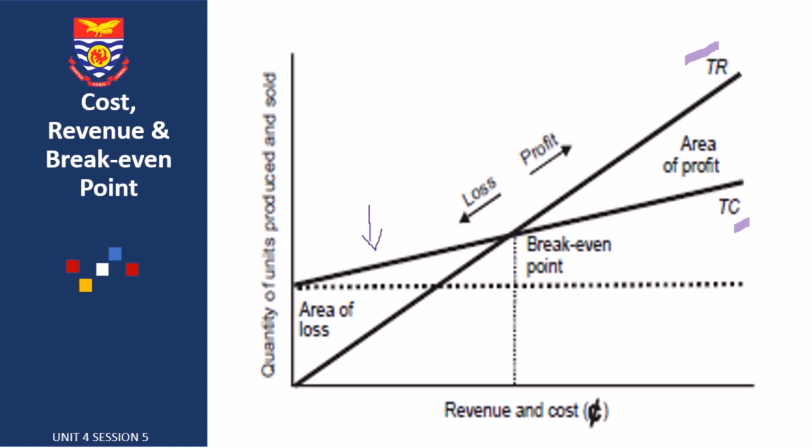When total cost is higher than total revenue, there is a loss. That is why we can see the loss area. And when total revenue is higher than total cost, there is a profit.